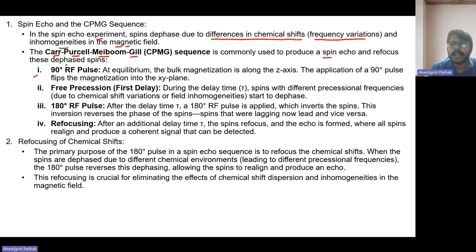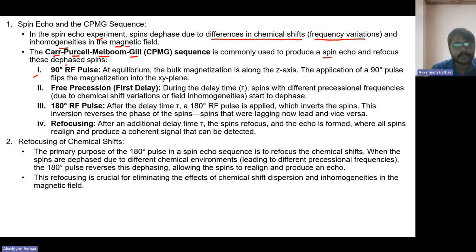It is a 90-degree pulse because the bulk magnetization gets deviated by an angle of 90 degrees from its initial position. So it will flip the magnetization from the Z axis into the XY plane.